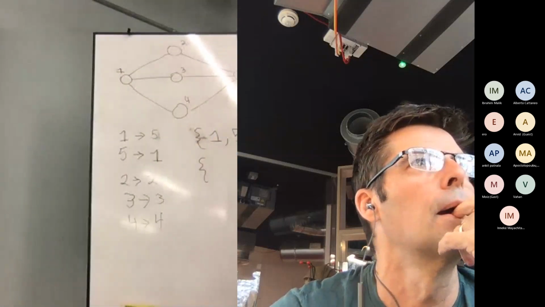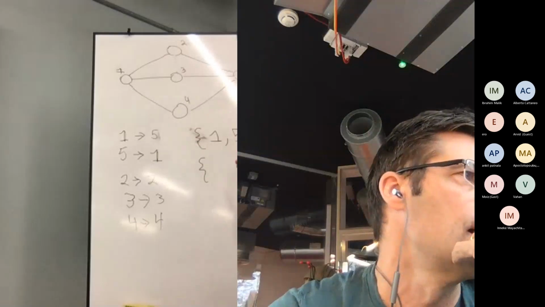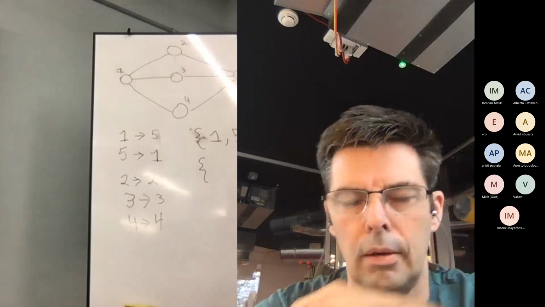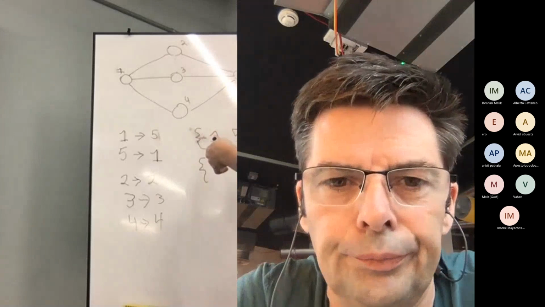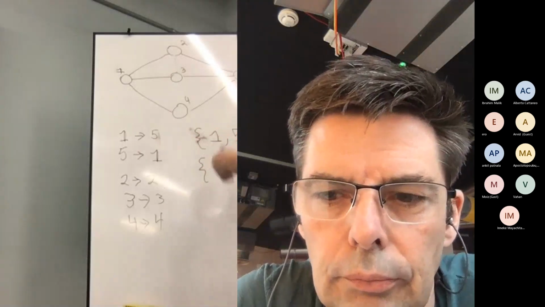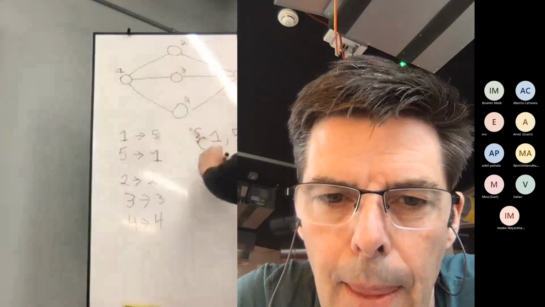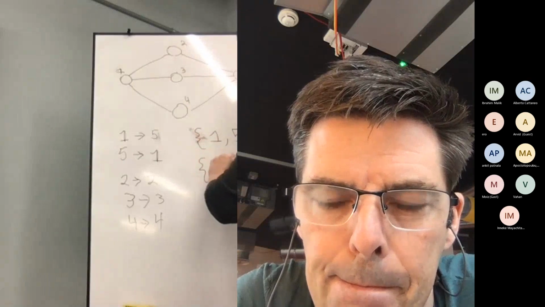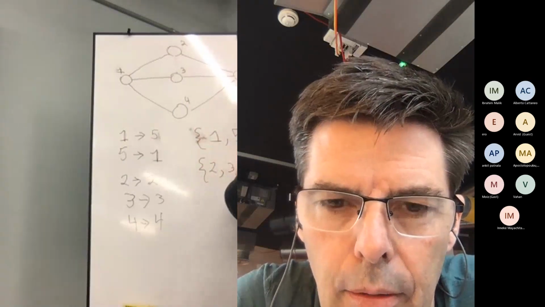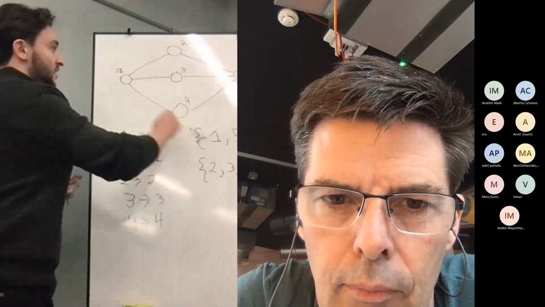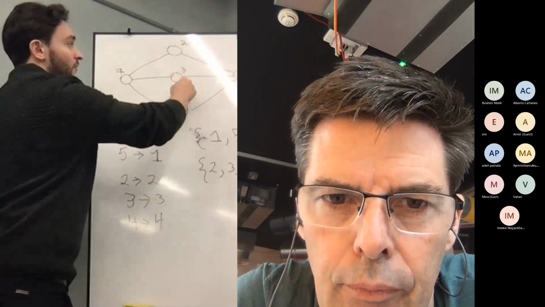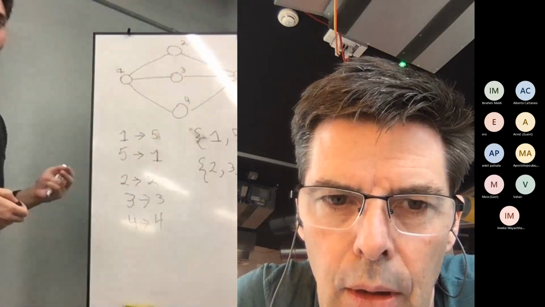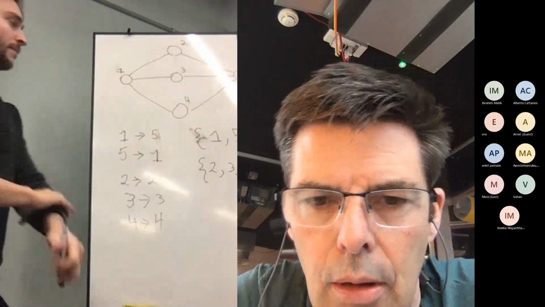Or it's not, sorry, orbits aren't sets, but each node has an orbit. But anyway, you could define sets for all of the nodes to define the orbits of all the nodes. So 3, 4. The other one is 2, 3, and 4, because just like 1 and 5, 2, 3, and 4 are exactly the same as each other.